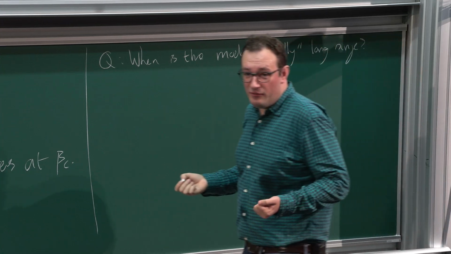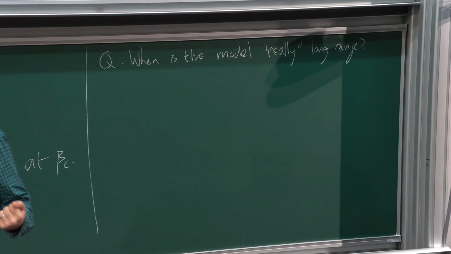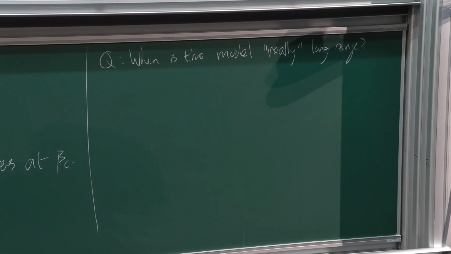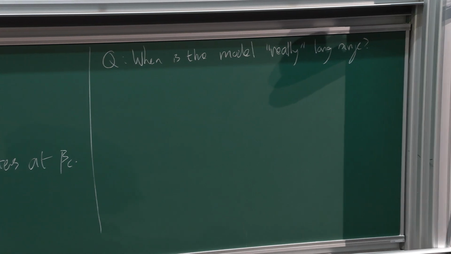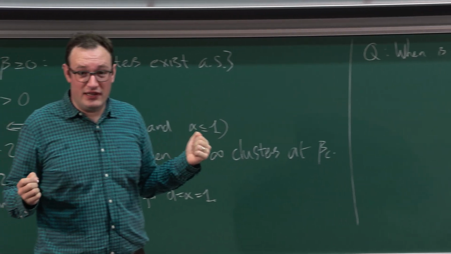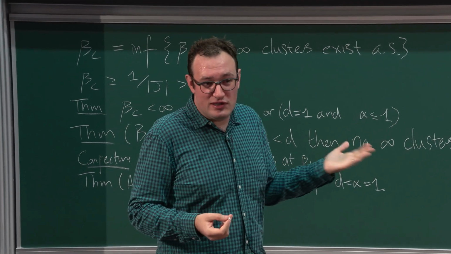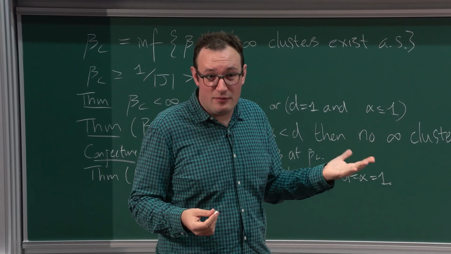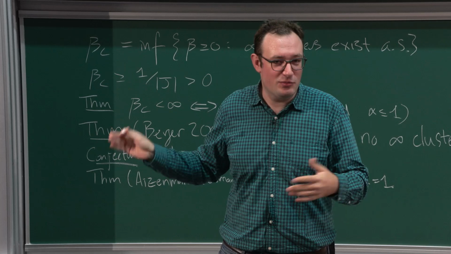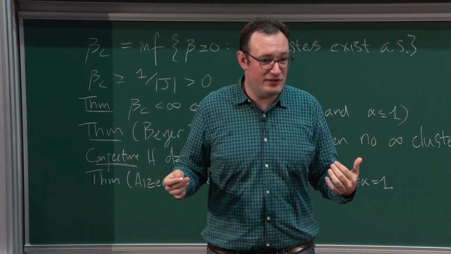By which I mean, if alpha is very large, well, you have this power law decay of the edge kernel, but it could be a very light power law decay. And maybe once alpha gets large enough, you should just start behaving the same as the nearest neighbor model at large scales, and the critical exponent should be the same, scaling limits the same, and so on.